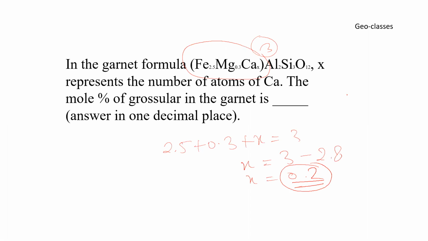So now from this you'll have to calculate the molar percentage. The mole percentage will be this value on the upper side divided by the whole, that is 3, and multiplied by 100. So here you'll receive some answer.